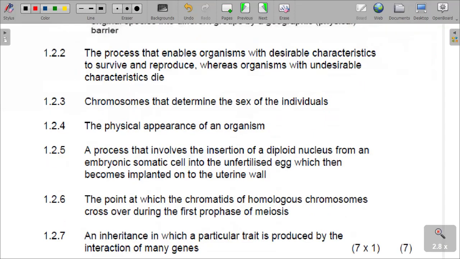The process that enables organisms with desirable characteristics to survive and reproduce, whereas organisms with undesirable characteristics die, is the definition of natural selection. Those with desirable characteristics survive, those without die. It is by nature itself, there is no human interference. Hence, it is natural selection.